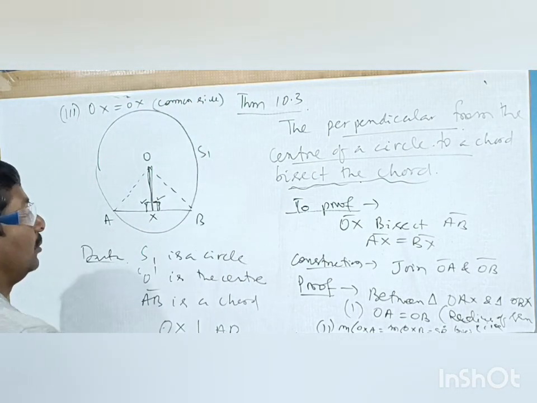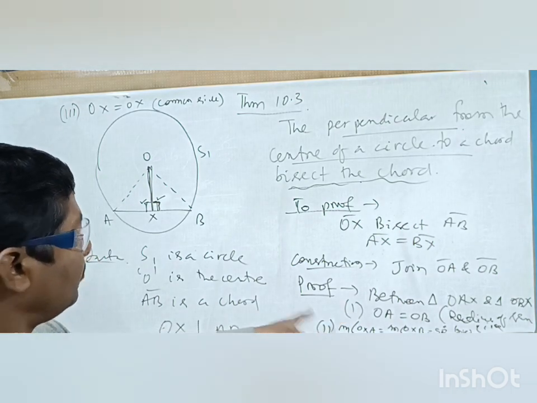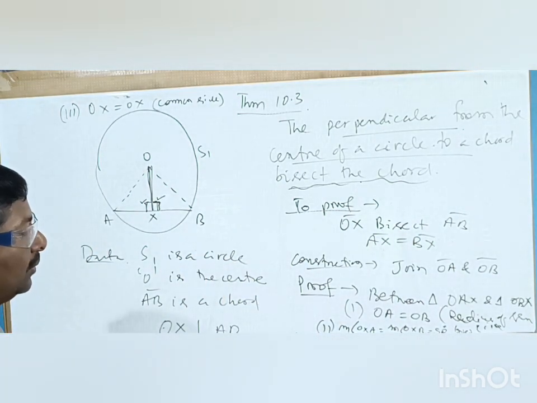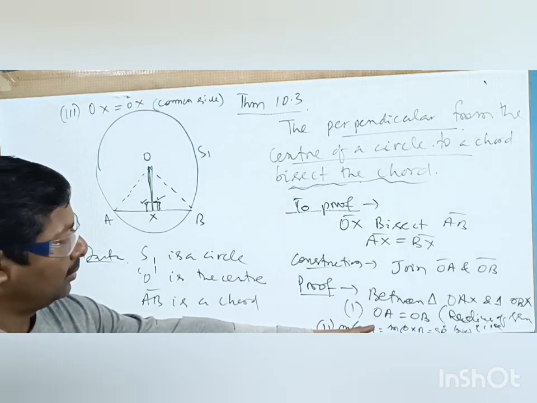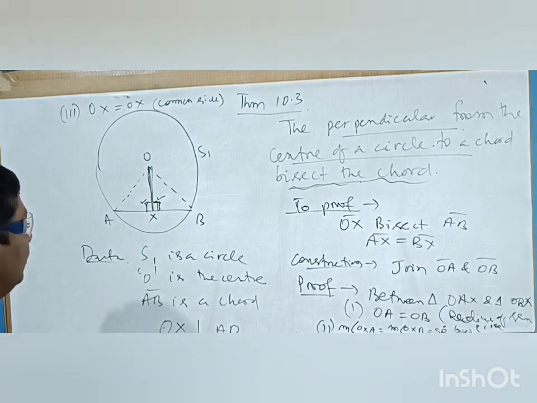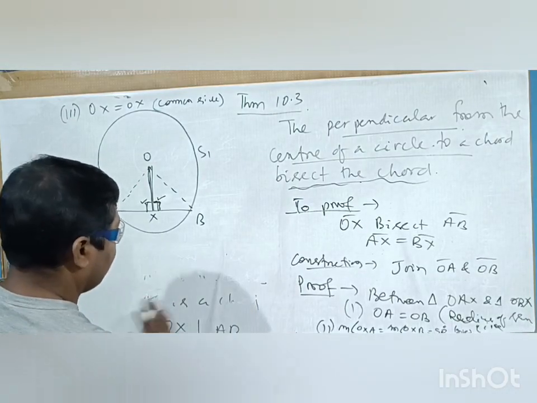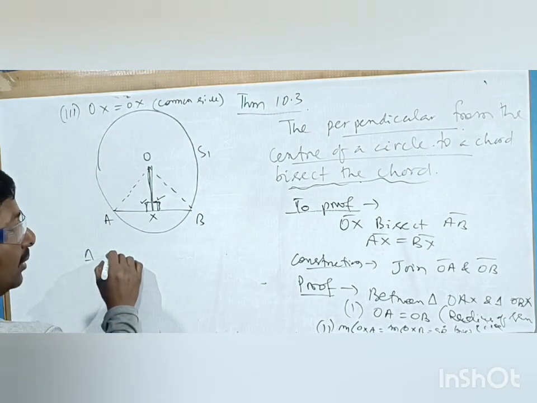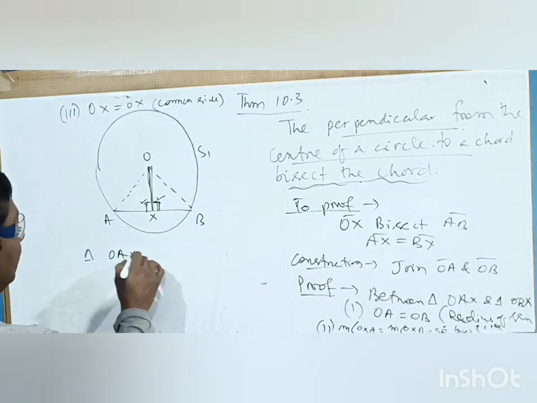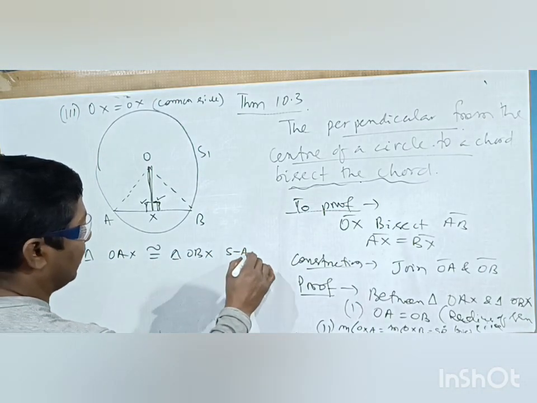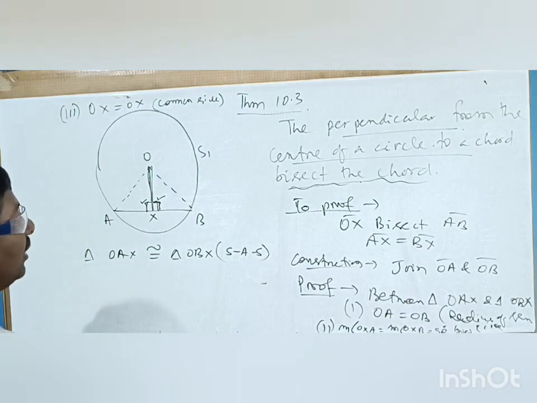So you have got three conditions to make the congruency. What is the congruency? Side, angle, side. So SAS theorem. Triangle OAX is congruent to triangle OBX by SAS congruency.